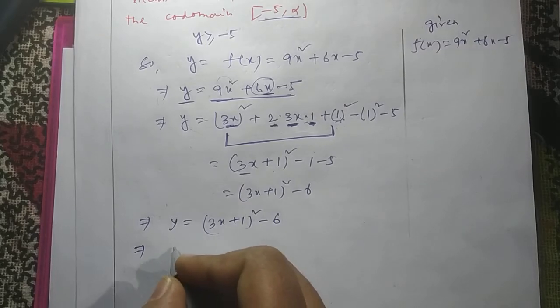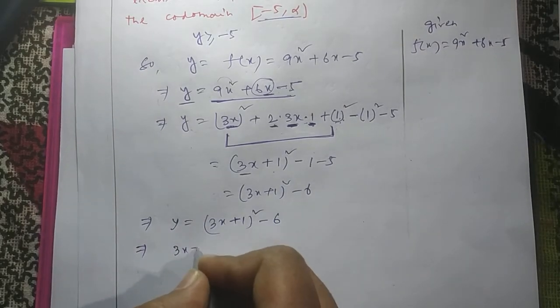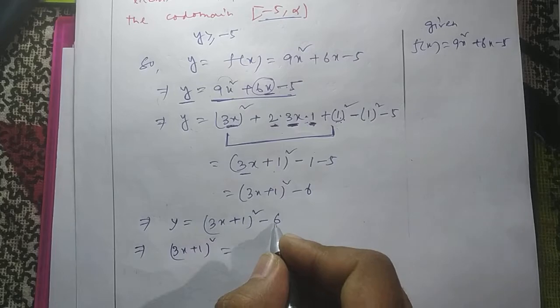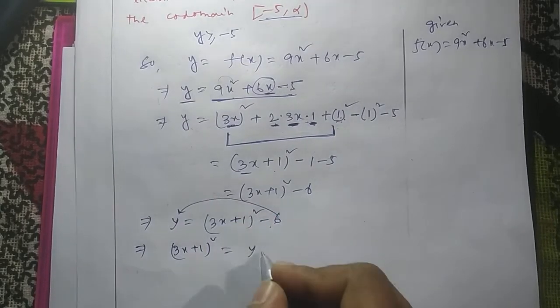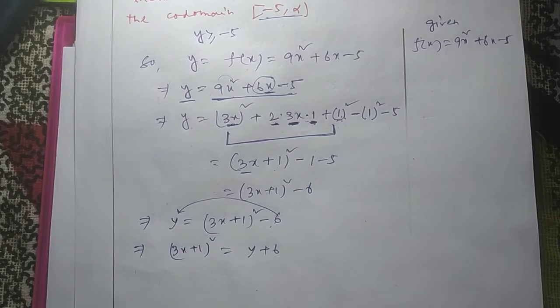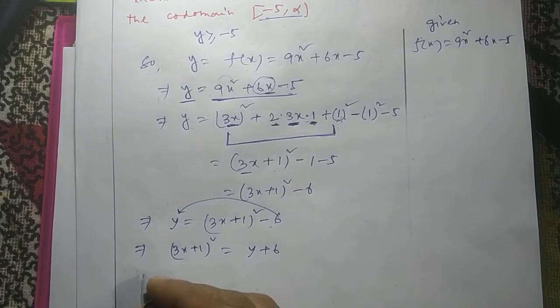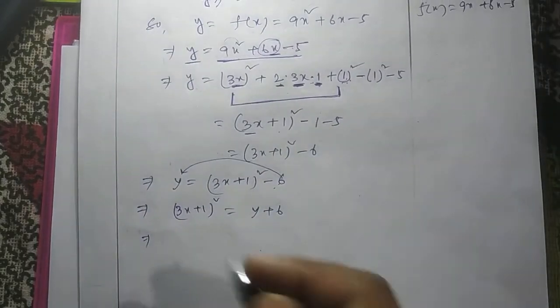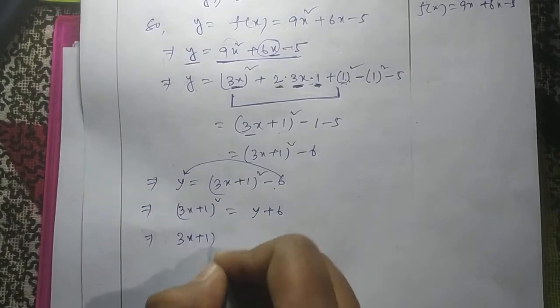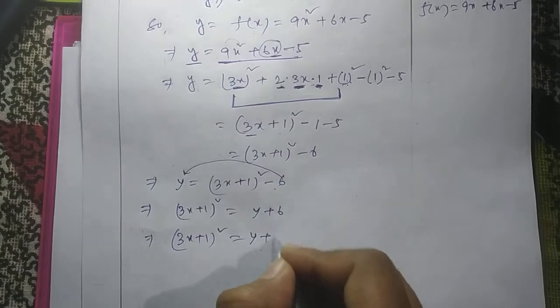Now it will become 3x plus 1 whole square equal to, let us bring minus 6 to the left hand side. It becomes y plus 6. Correct? Now changing the sign. Only 3x plus 1 whole square is y plus 6.